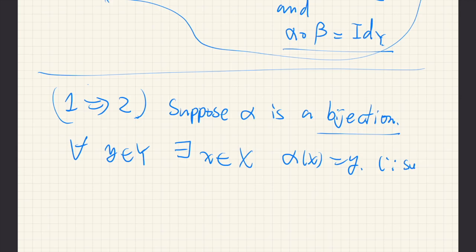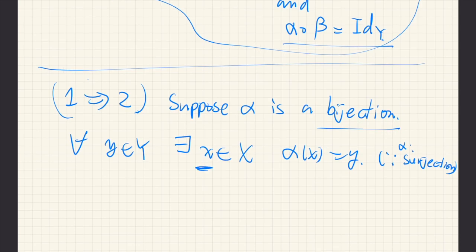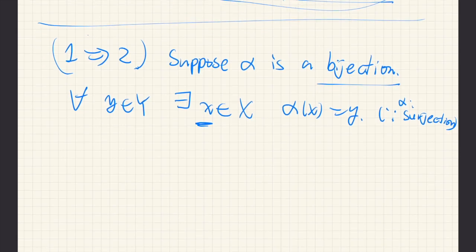Okay, alpha is surjection. However, since alpha is also injection, this X must be unique. Okay, injection means no two different elements in X give rise to the same Y through the map alpha.